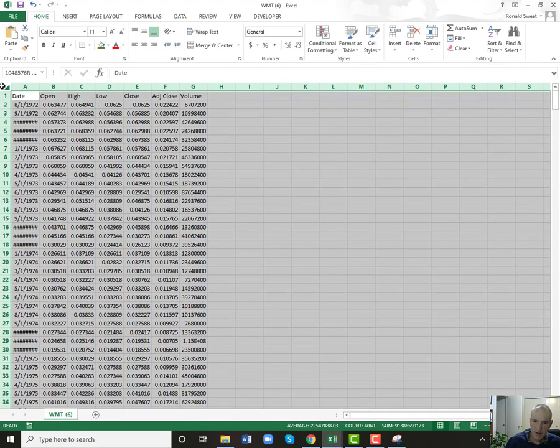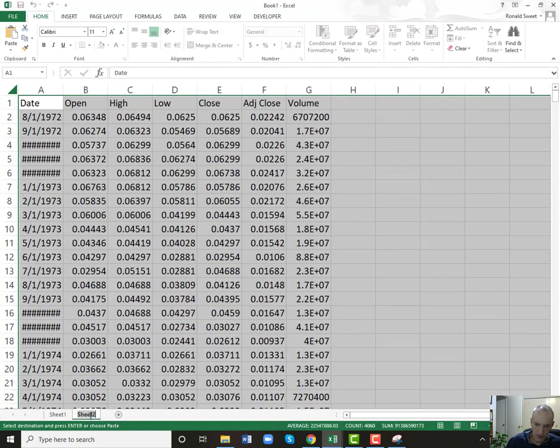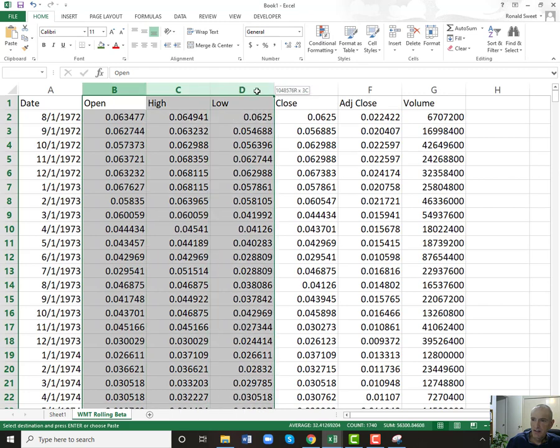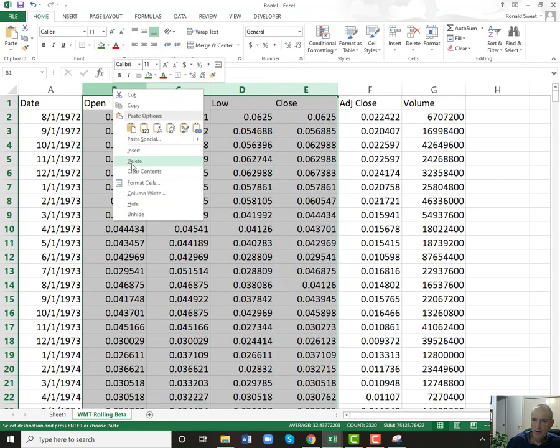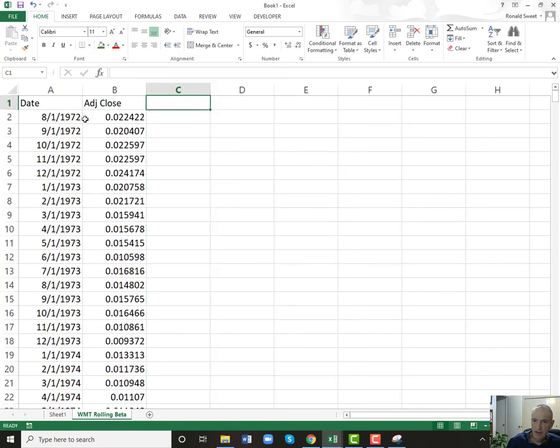I'm going to take all of this and copy it over to my file. I'm just going to do Walmart rolling beta. And all you need is the adjusted close. So you can get rid of every column except for the date and adjusted close. We can delete that. Now it starts 8/1/72.